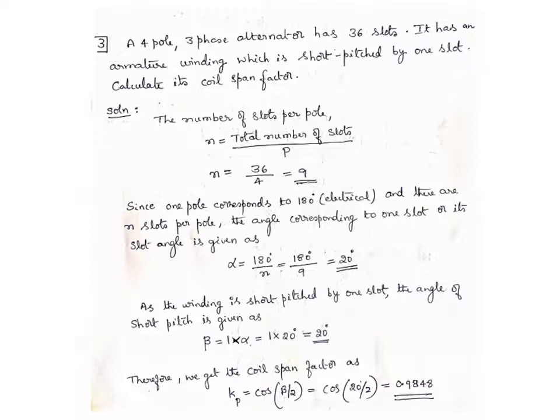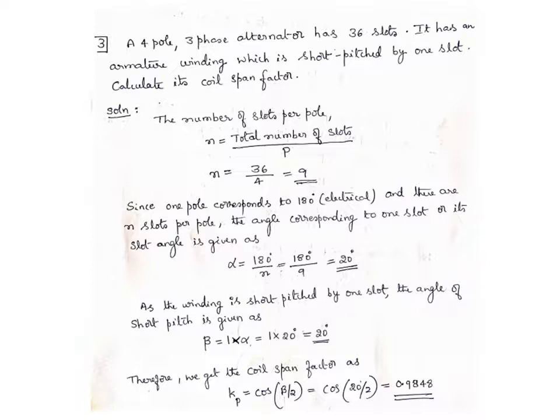So this is a 4-pole 3-phase alternator, where we calculate Kp as cos beta by 2, the coil span factor or pitch factor. So what is beta? What is the short pitch angle? How to calculate? There are 4 poles, and the 3-phase alternator has 36 slots.